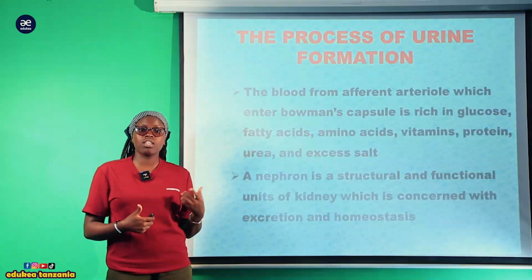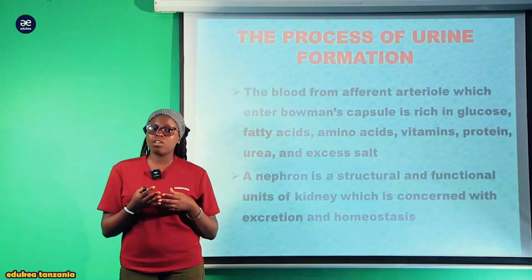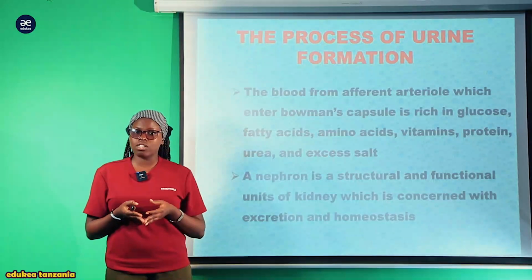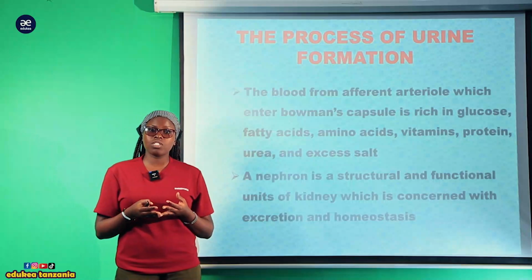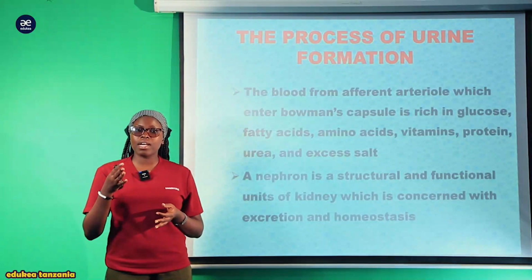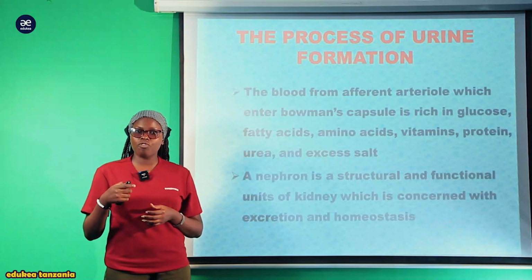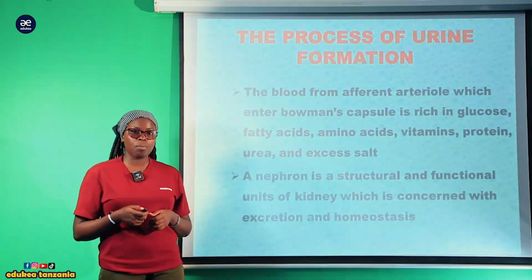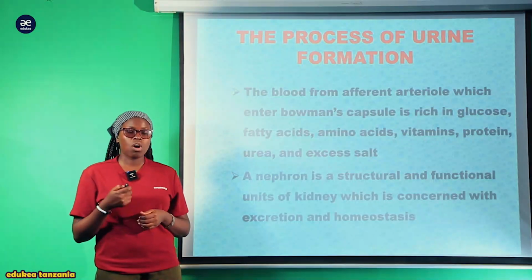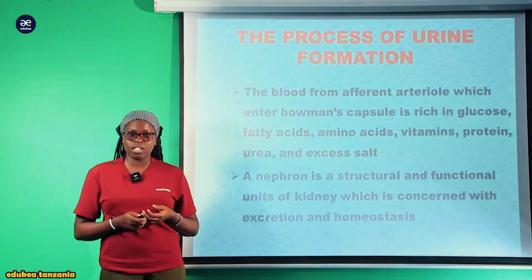This we have already covered in our previous concept, where we saw there are two main blood vessels, the afferent and efferent arterioles. The afferent arterioles are responsible for providing blood into the glomeruli, and the efferent carry oxygenated blood from the glomeruli or from the Bowman's capsule.